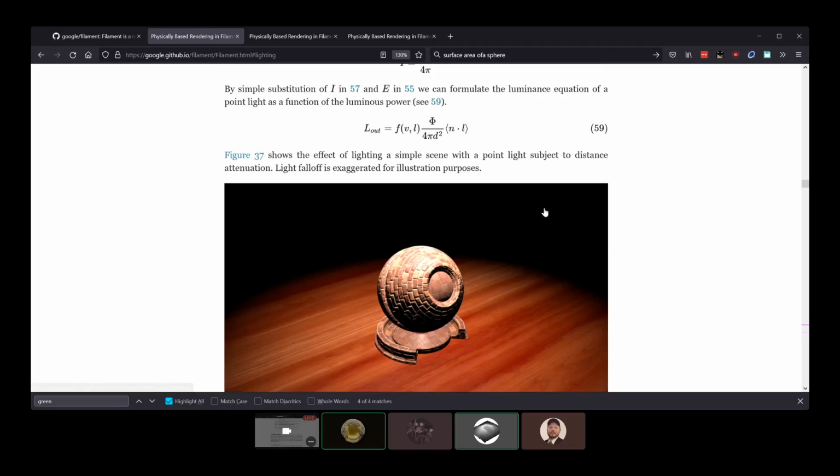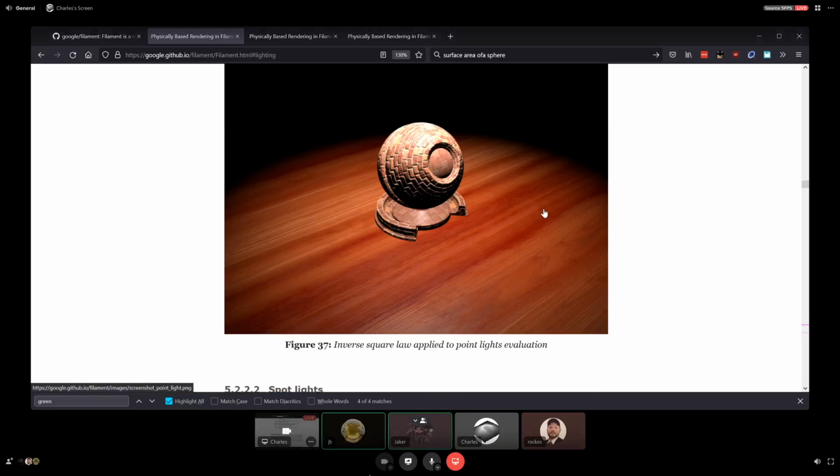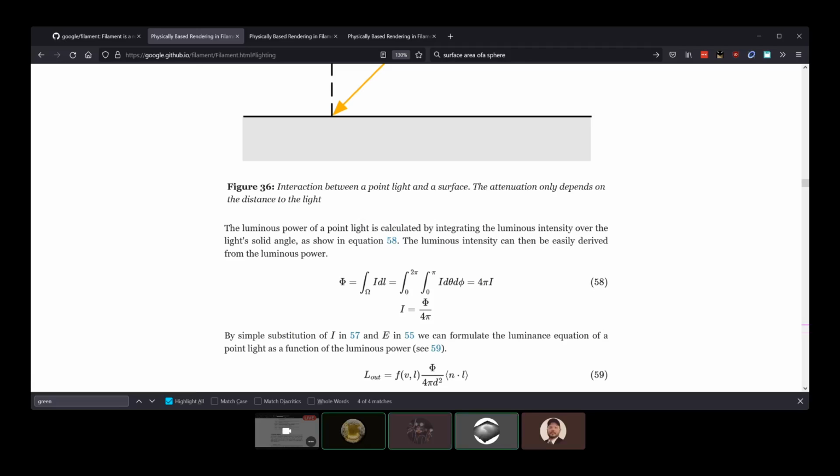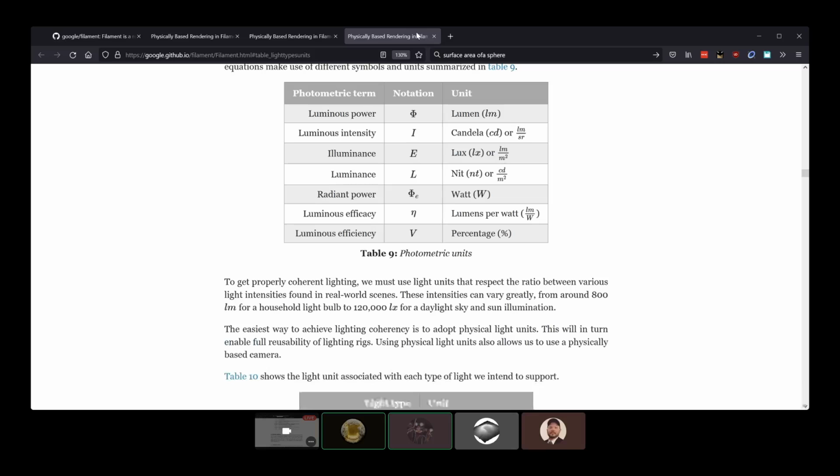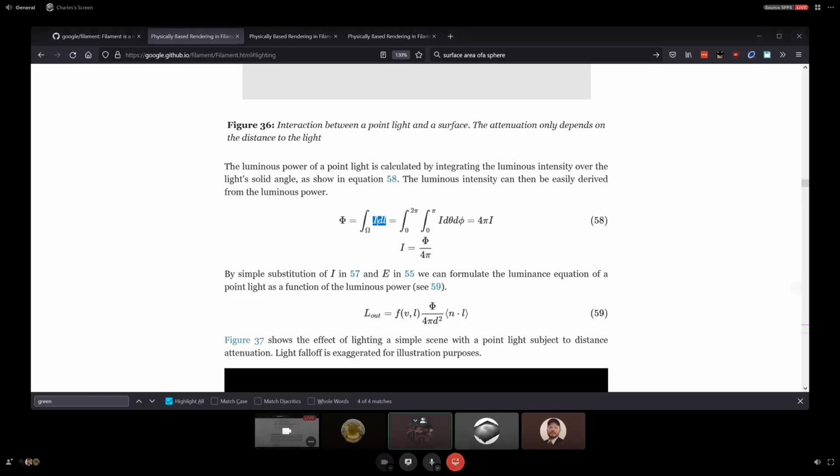Are we talking about spotlights now? No, we're talking about the equation. Oh, okay, sorry. We're talking about spheres. So the unit of measurement for that integral is candelas or lumens per steradian, which is per unit angle measurement.